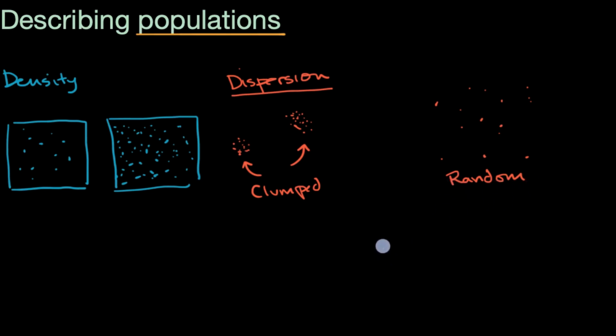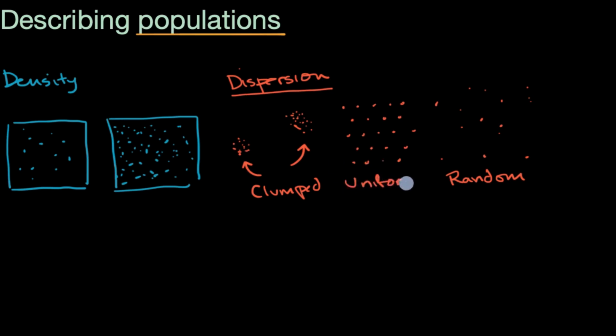One way to think about it in between would be a uniform dispersion, where the members of the population are reasonably uniform in how they are separated. They're roughly the same distance apart. You might say, why would you ever have a uniform distribution? It's very few times exactly uniform, but it might be closer to uniform.